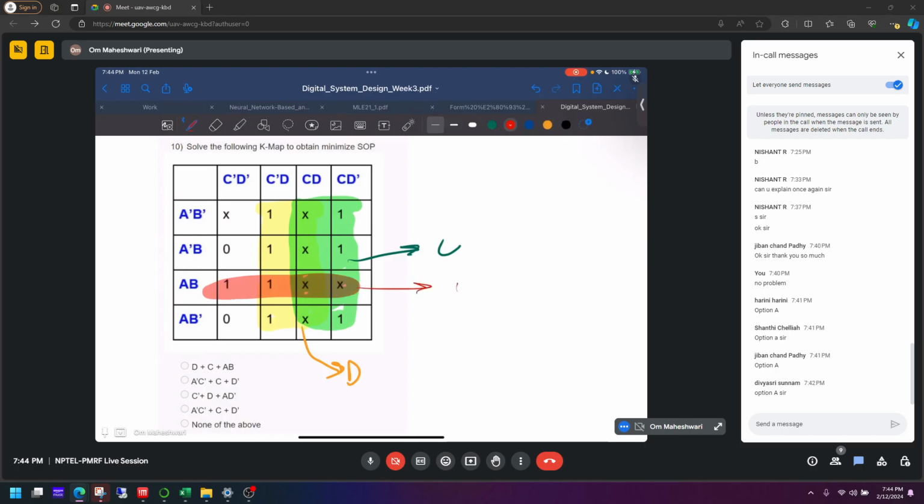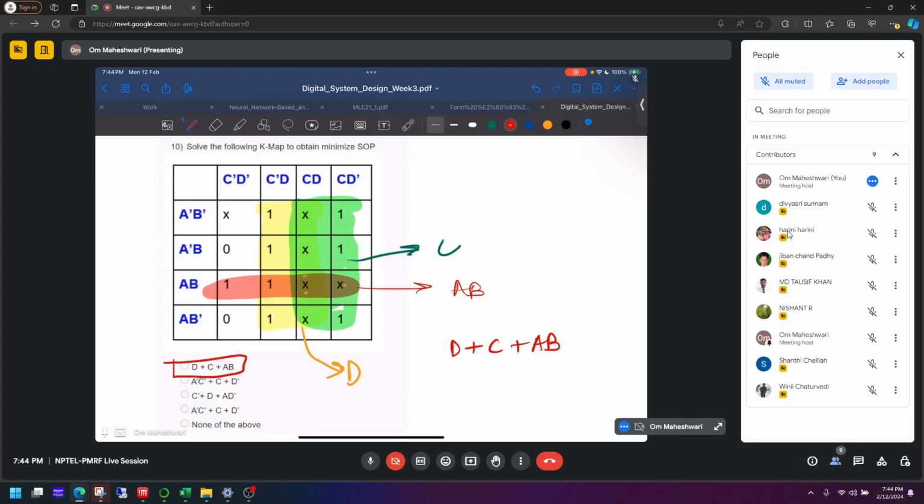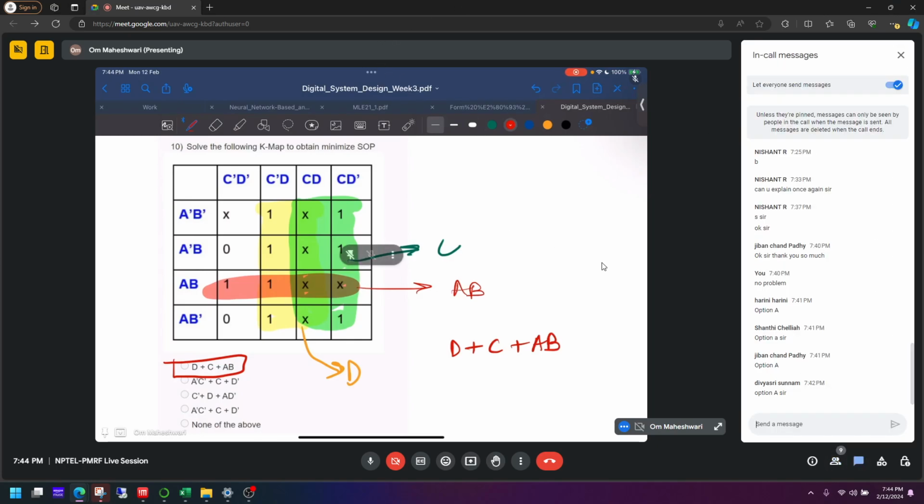This is AB. So the answer is D plus C plus AB, which is this. Okay. So I hope this is clear. Let us move on to the next one then.